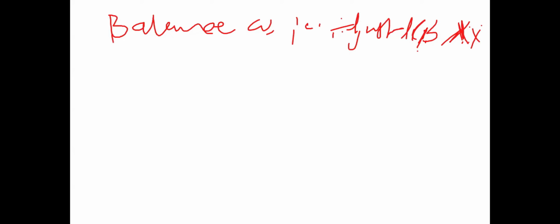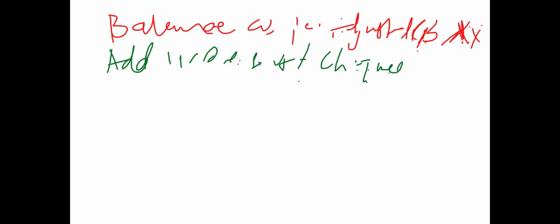And we also write it as balance as per the adjusted cash book. And after that, what we do is that we are going to add unpresented checks. Add unpresented checks.